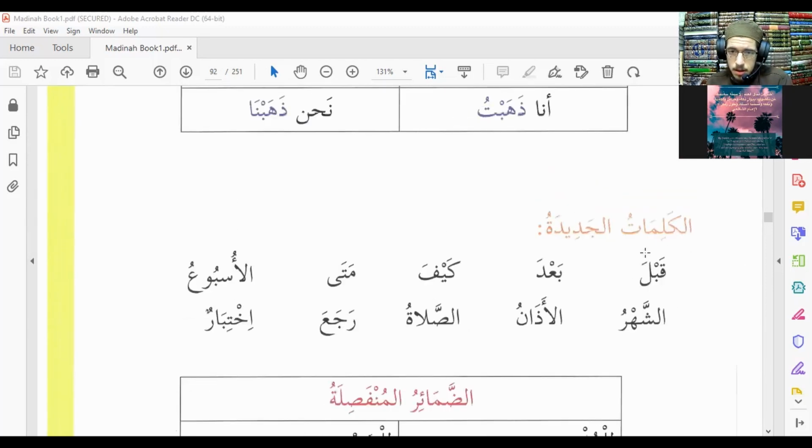The new words, kalimatu jadidu. Vocab. Yes. Qabla is before. Or also, let's think of it as ago, right? It's also ago in the way that they use it. بعد, after. كيف, how. متى, when. الأسبوع, is that a week?